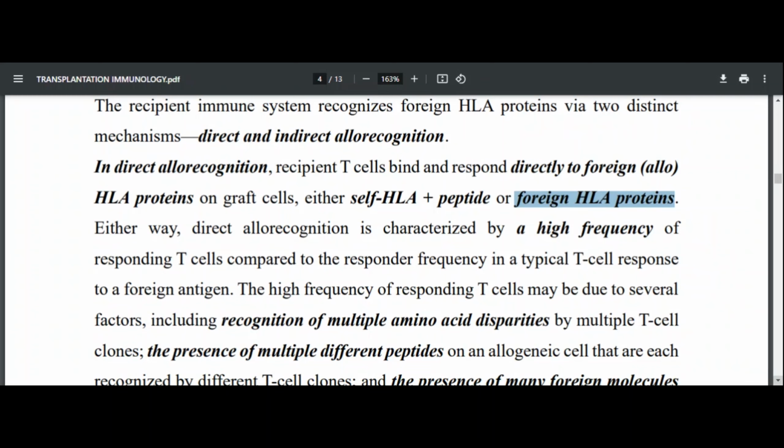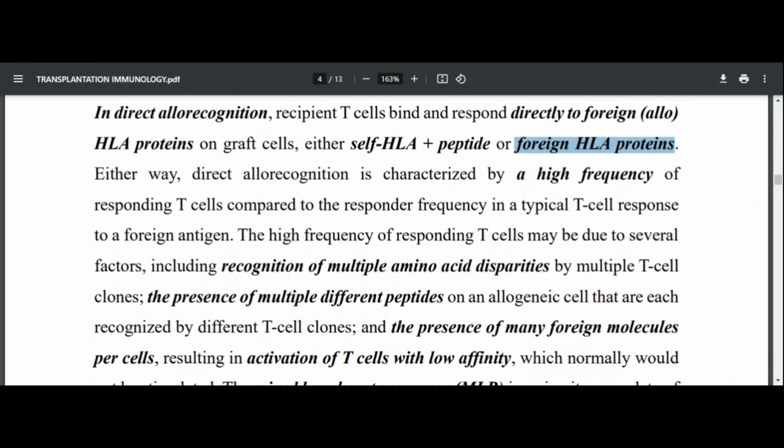So this reaction has a higher frequency than what happens when lymphocytes react to a typical foreign antigen. The high frequency of responding T lymphocytes may be because of different factors. The first factor is recognition of multiple amino acid disparities by T lymphocyte clones.